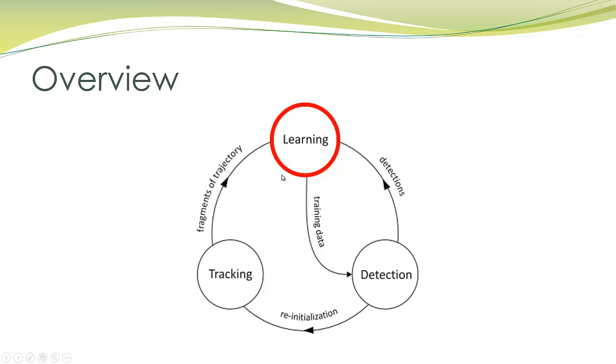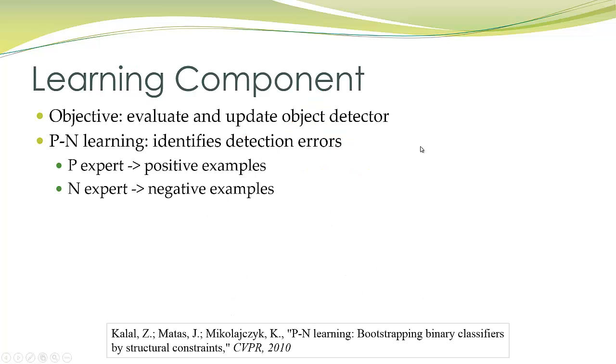So we have just talked about two major parts of this algorithm, which are tracking and detection. The learning component is also very important in the algorithm, because it helps the detector make better classification. I will talk about this learning in the next few slides.